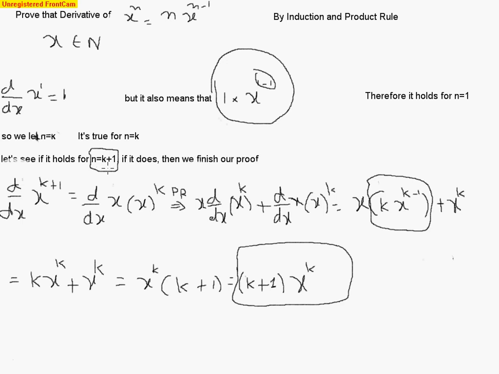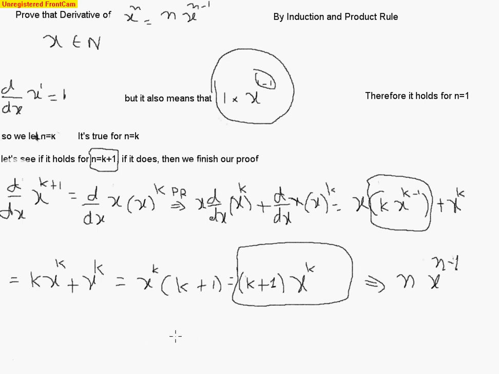So if this is true, it would follow n x to the n minus 1. So n is k, and k plus 1, okay, n minus 1.